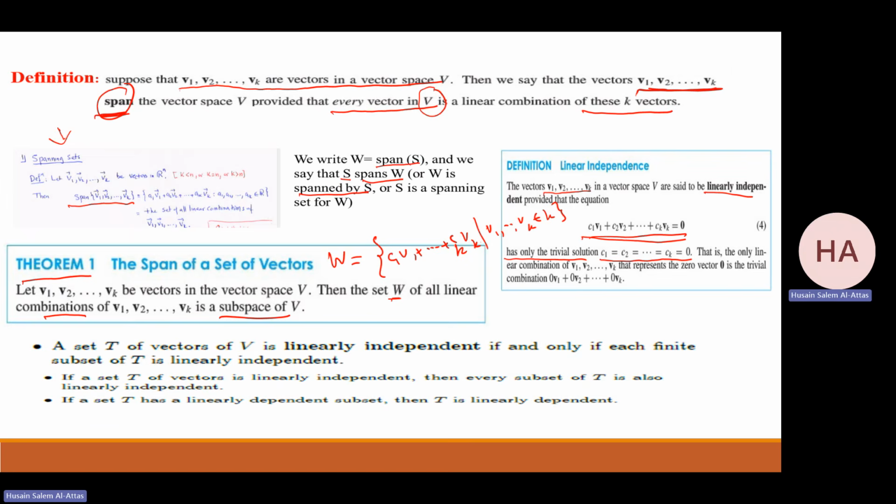Also, a set of vectors is linearly independent if and only if each finite subset is linearly independent. Not only that, if a set is linearly independent, then every subset is also linearly independent. And if a set has a linearly dependent subset, then it's linearly dependent.